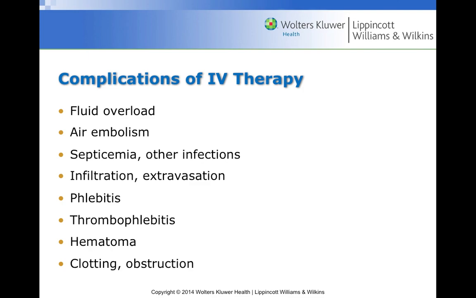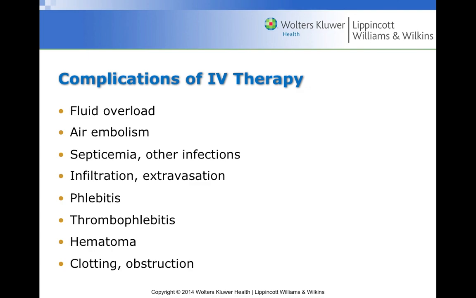Usually we try not to choose any place that's super hairy. This usually is for those men that are super hairy. If you just really cannot see it, then you may have to clip it, but usually you're able to see and palpate the vein when you put that tourniquet on.